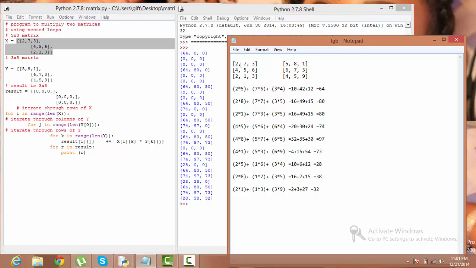Now the third thing we're going to do, since it's a 3 by 3 matrix, is this same row multiplied by the last column of the second matrix, which is 2 multiplied by 1 plus 7 multiplied by 3 and 3 multiplied by 9. 3 times 9 is 27, 7 times 3 is 21, and 2 times 1 is 2.